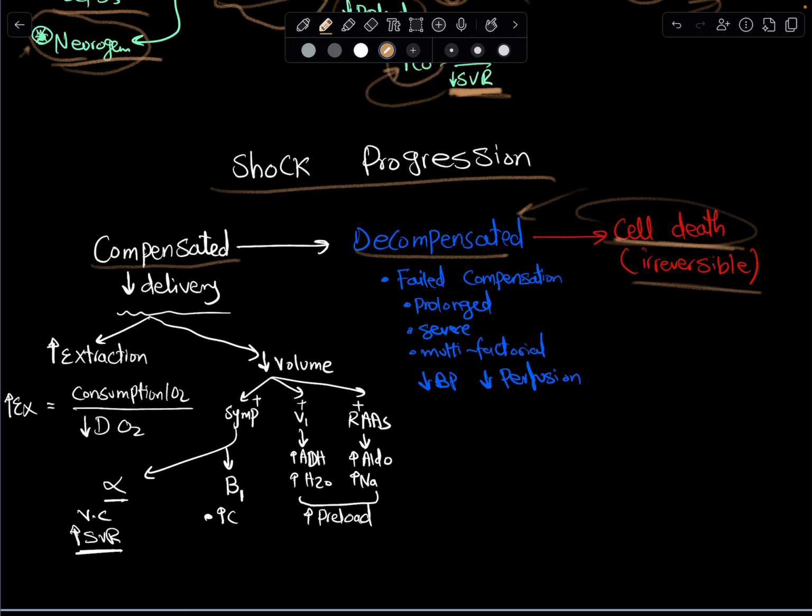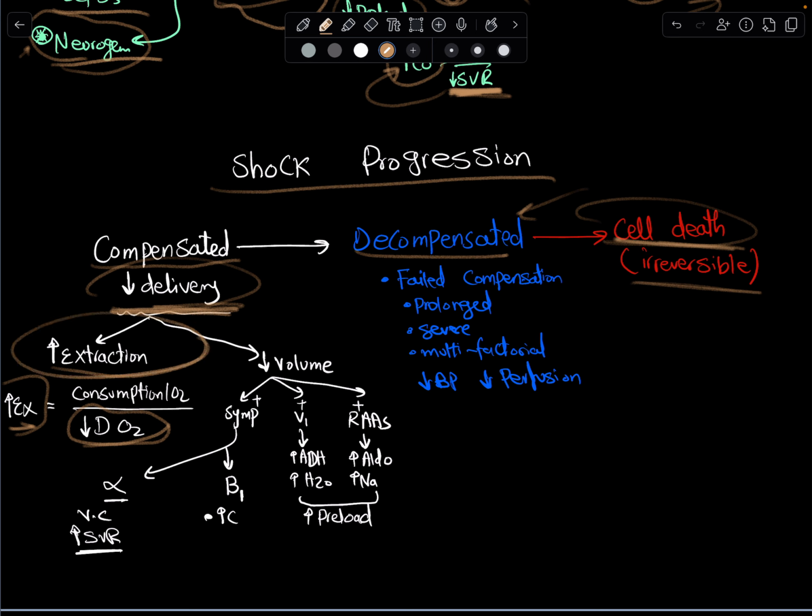So in the compensated stage, what happens here? You have decreased delivery to the tissue, right? So number one, we talked about this equation, which is the extraction. If you have a decrease in the delivery, the extraction of the tissue will increase.